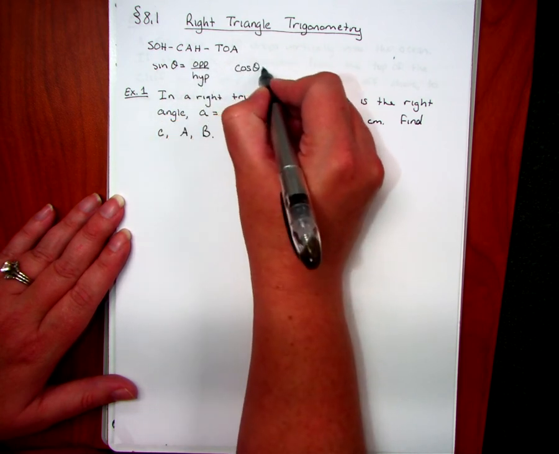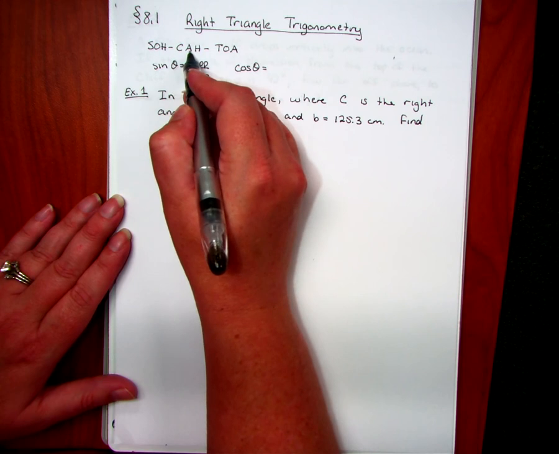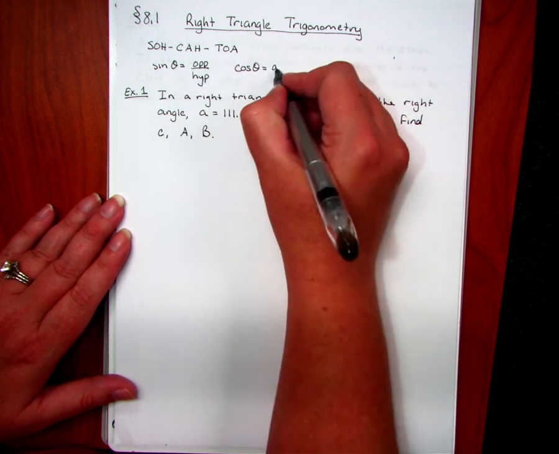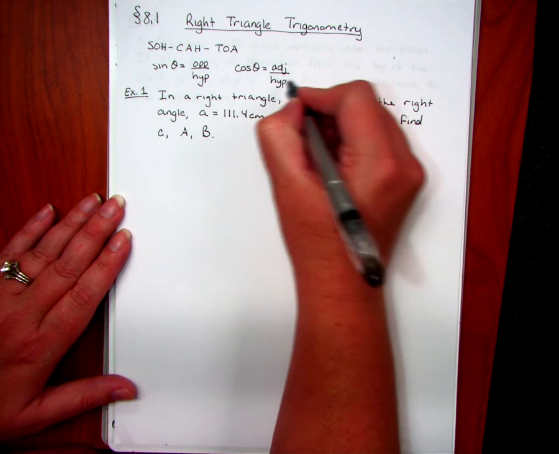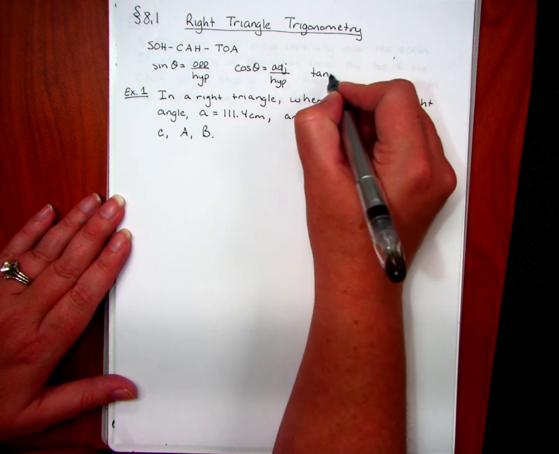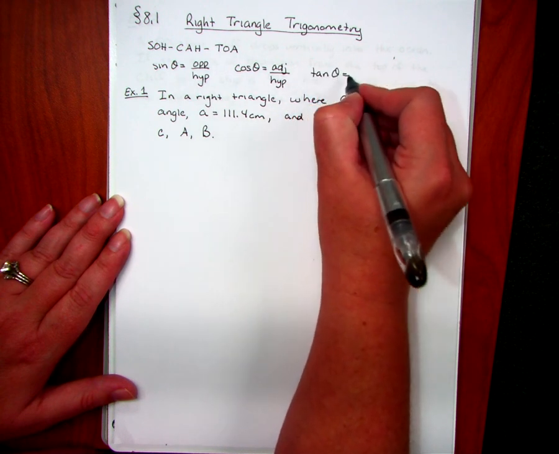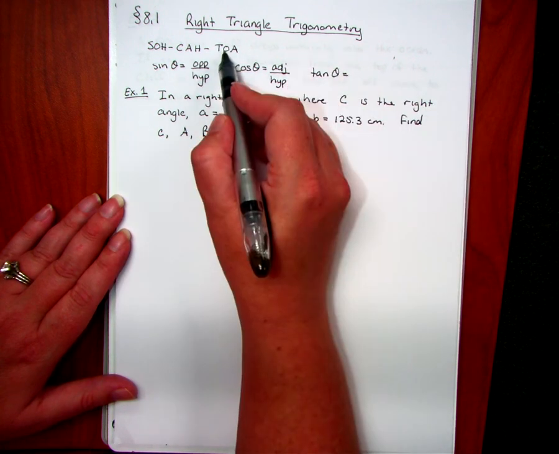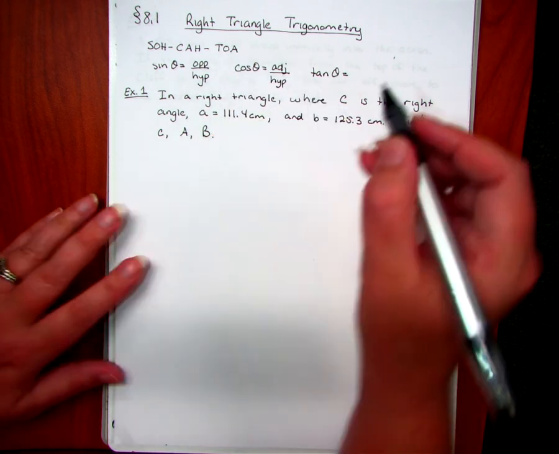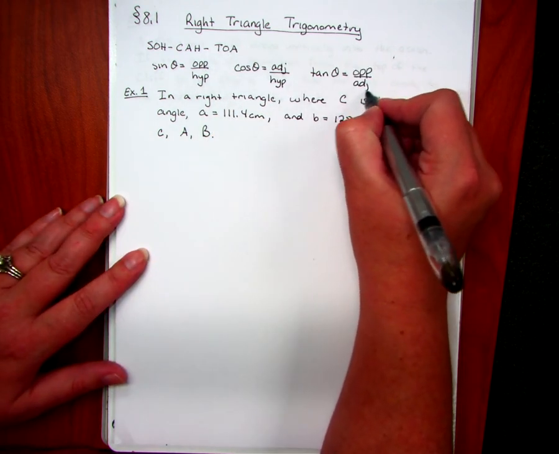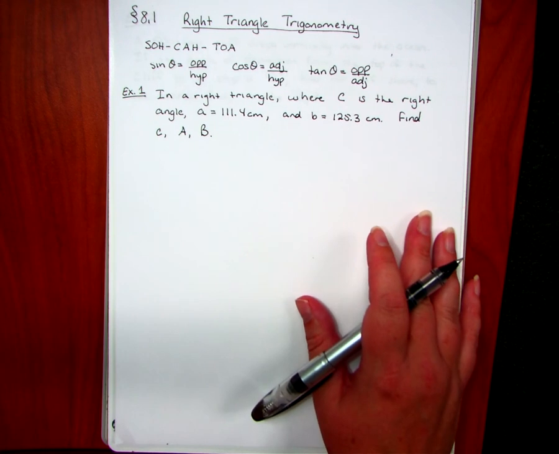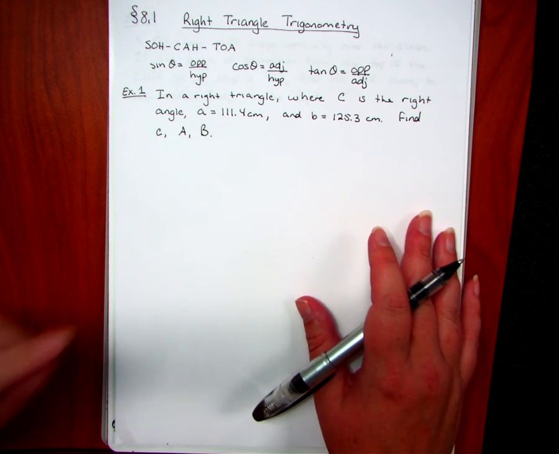Cosine of some angle is adjacent over hypotenuse. And tan of some angle is opposite over adjacent. So SOHCAHTOA is what we're going to learn today.